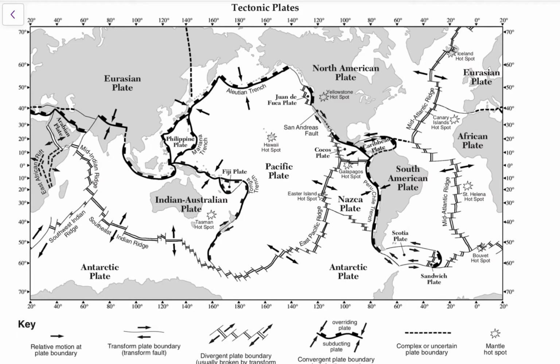First, let's look at the key. What is the symbol for a transform plate boundary? It's down here. I'm highlighting this in blue now. The symbol is two arrows on top of each other, moving in different directions, sliding past each other. It looks like two cars on the road moving in opposite directions.